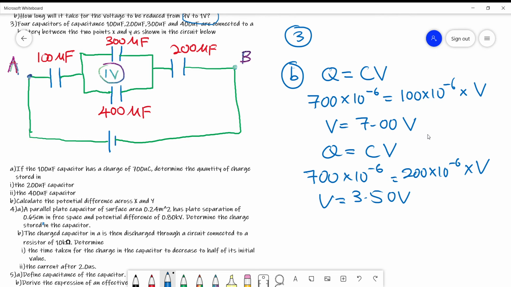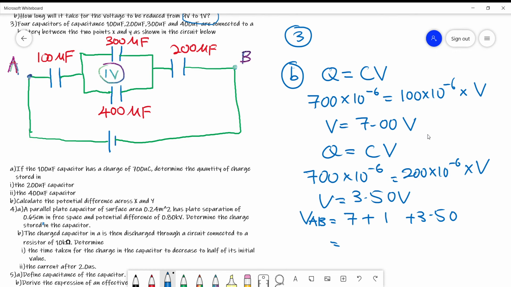So the question asks about the potential difference from A to B. So what we need to do is find VAB, which is the sum of these three potential differences. So I have the 7 volt plus the 1 volt plus the 3.5 volt.